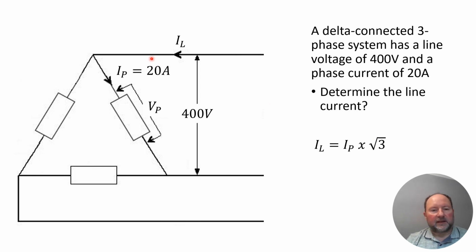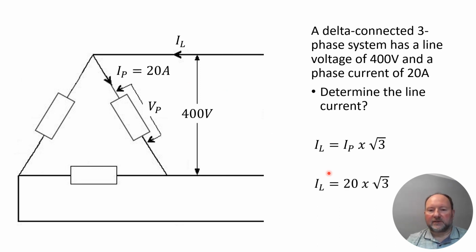The other thing you may need to think about is, of course, this is your line current, and as we said, the line current value is going to be higher than the phase current. And where there is a difference, the line values are always the highest. So in a star connected system, if you're looking at line voltage and phase voltage, it's the line voltage that would be the highest. So we're looking at a number that's going to be greater than 20.